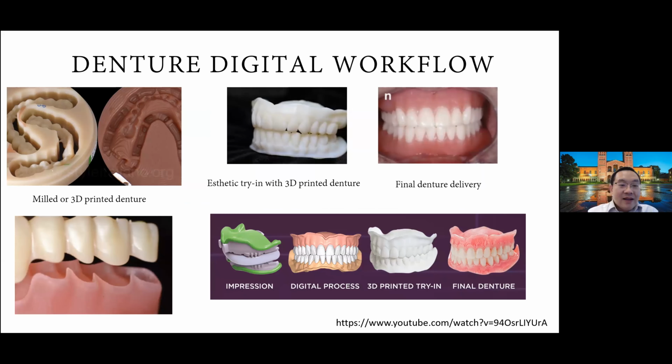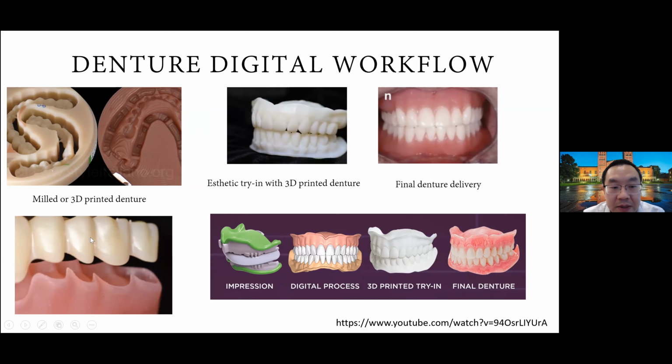Okay. Then you will have two choices. You can mill out the denture using a lab mill usually. None of the chairside mills is able to do this at this point, but you have to use the lab mills, which can generate a base plate and then the acrylic teeth, and then they will basically glue them together.